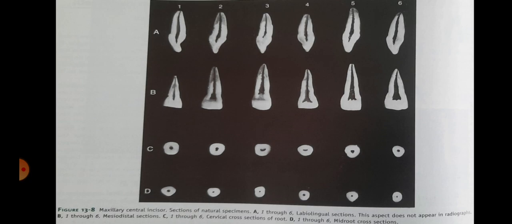The apical foramen is usually located near the very tip of the root, but may be located slightly to the labial. You can see this in figure 13.8 A3, 4, 5.